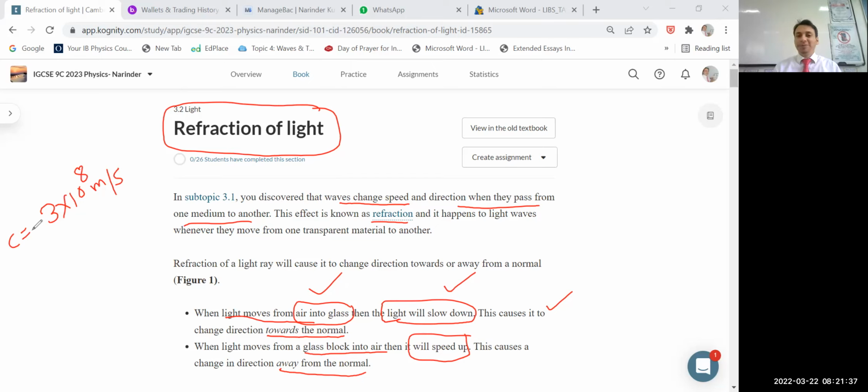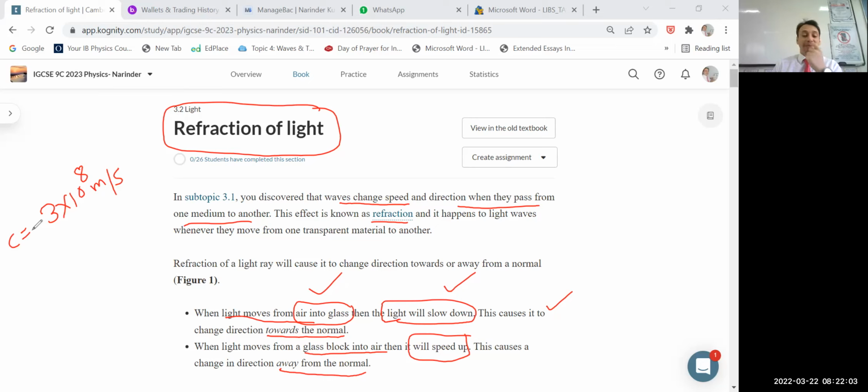See, it slowed down. In the previous chapter, children, please recall the concept of the previous chapter on sound. In the sound chapter, we have seen that sound speed is minimum in air and it increases when it moves or enters into a denser medium like a solid.